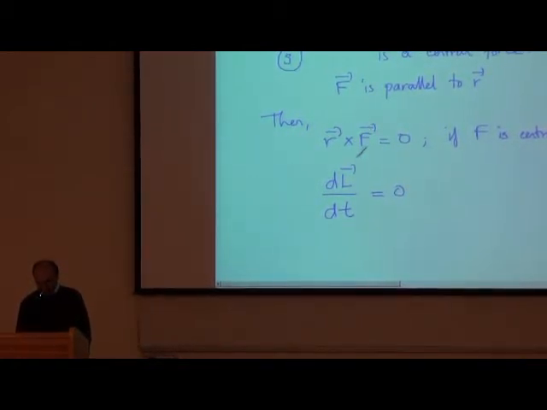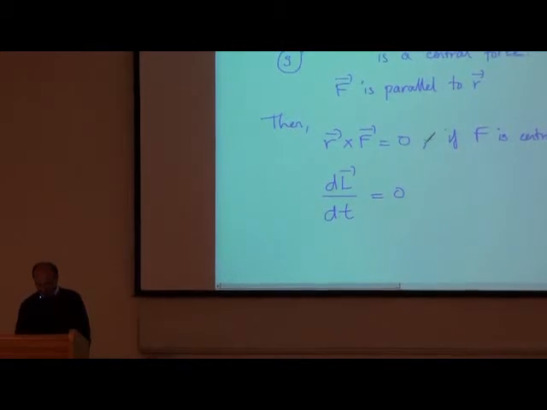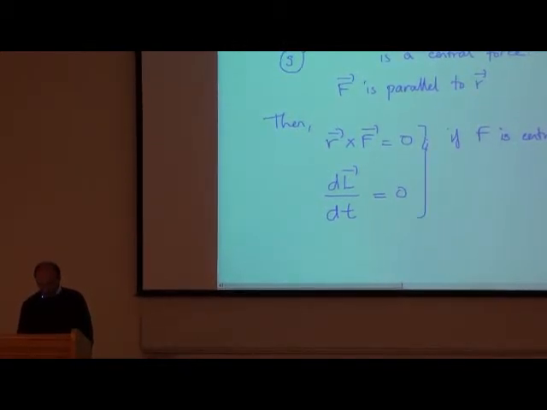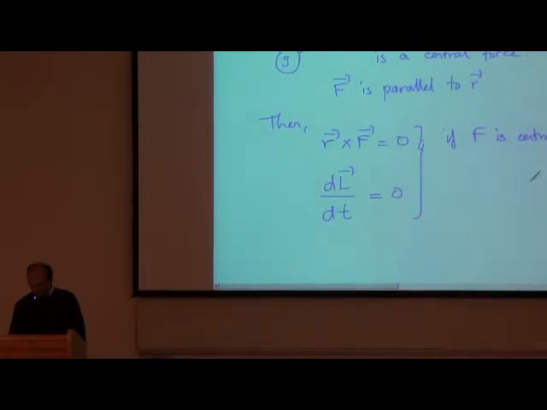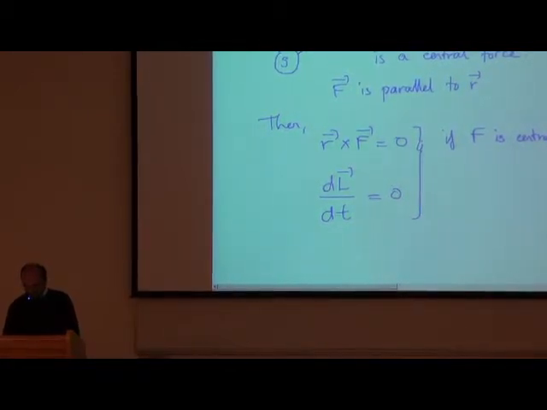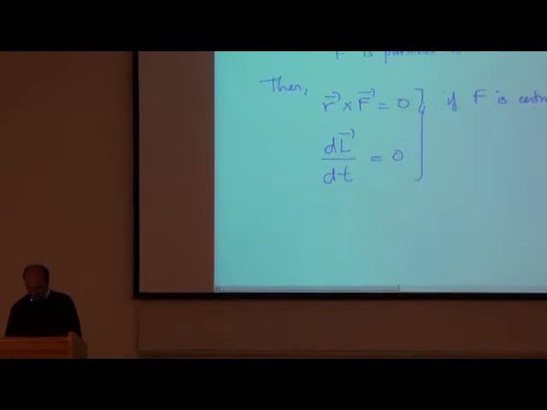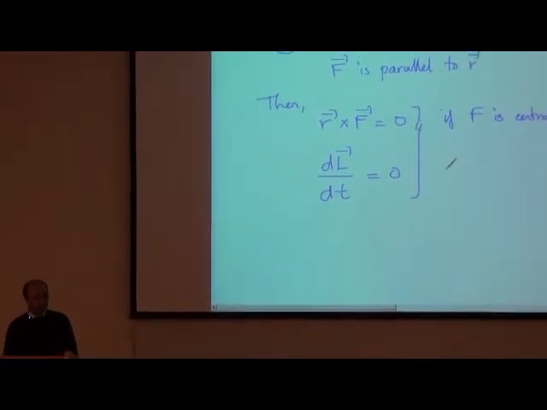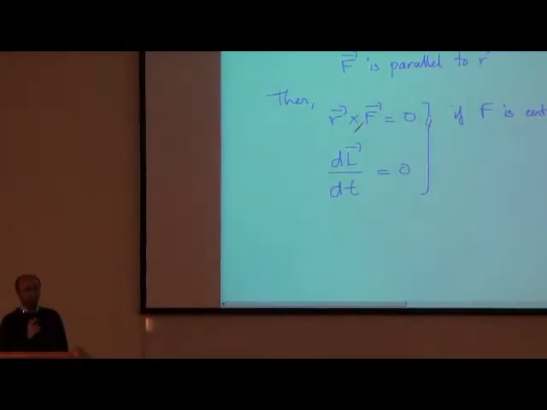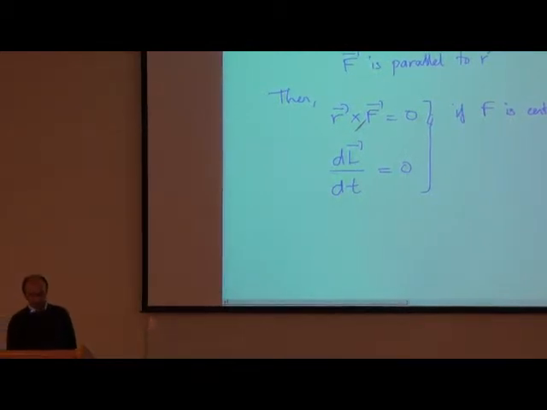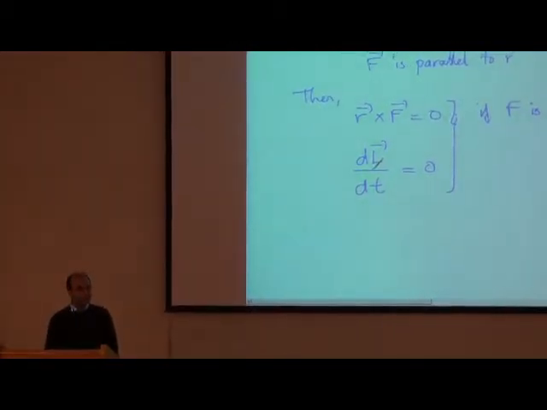Because these two quantities are the same, and this is the case only if the force is central. Now here's the important conclusion. For a central force, R cross F is 0 because they are parallel to each other, but more importantly, the time derivative of angular momentum is 0.